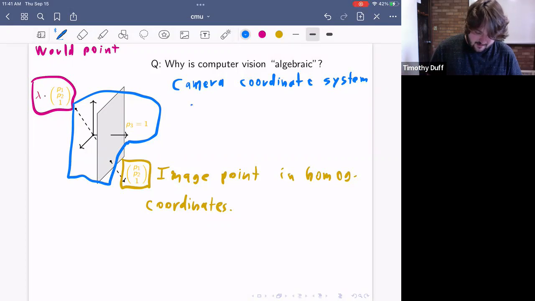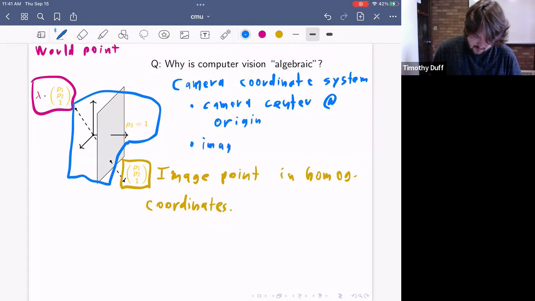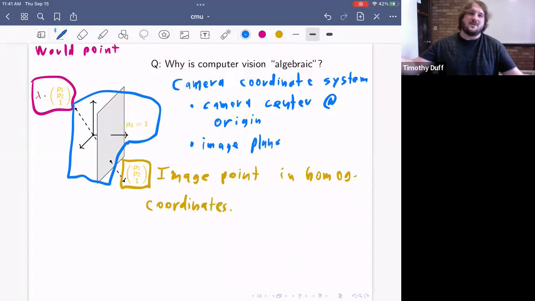So I've chosen the camera center to be the origin. And the image plane, so if P1, P2, P3 are coordinates in the world, is basically given by P3 equal to 1.